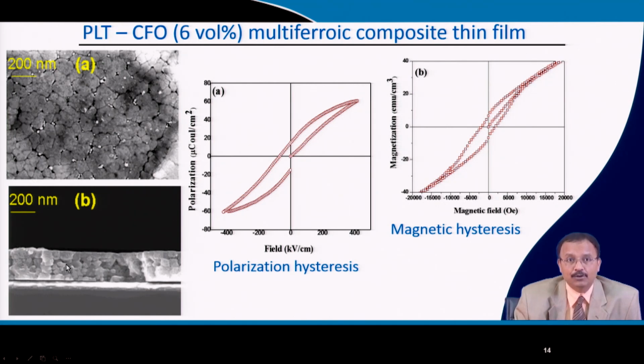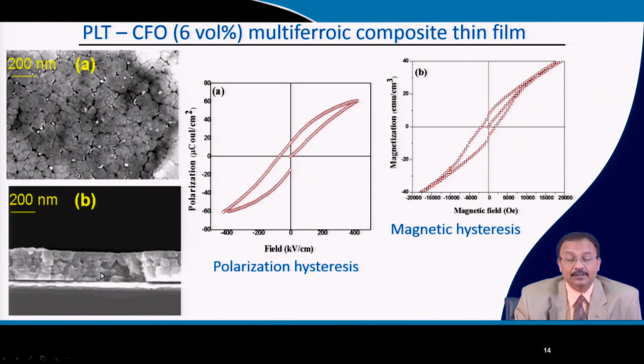And in the cross section you can also see the dense nature of the film. The film has a substrate, then a layer of diffusion barrier, and then a conducting layer.